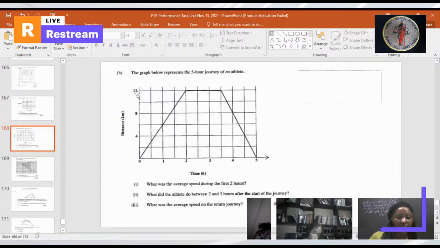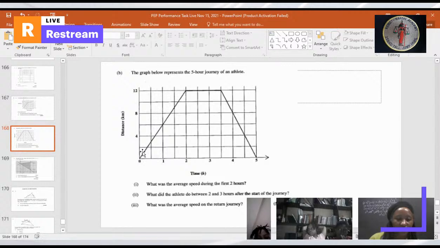All right. So it says, what was the average speed during the first 2 hours? Speed is distance traveled over time taken.